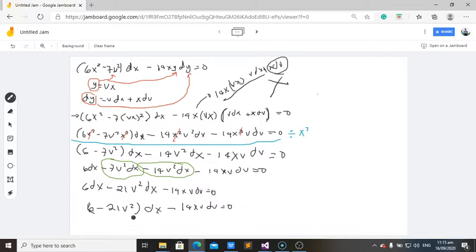From here, we can now do variable separable. This is v, this is dx, so we could divide it by x. So therefore, homogeneous differential equation is a way to simplify the given equation in order for you to apply variable separable. Okay? Kuyawa si homogeneous differential equation, sir.